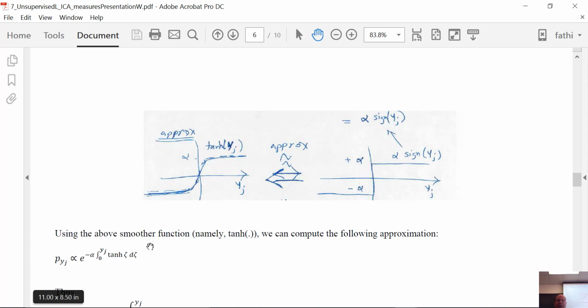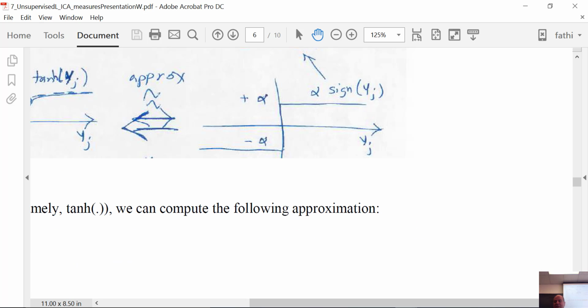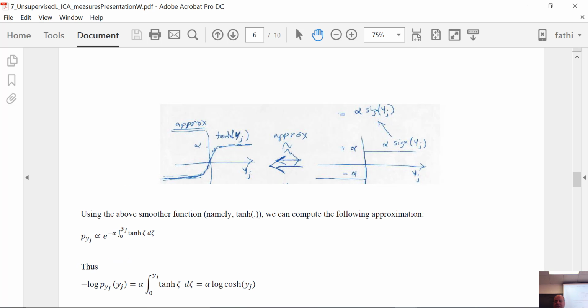Then we can rewrite a smoother version for the super Gaussian as proportional to exponential of minus alpha, and this expression, which is the integral, approximates a super Gaussian.